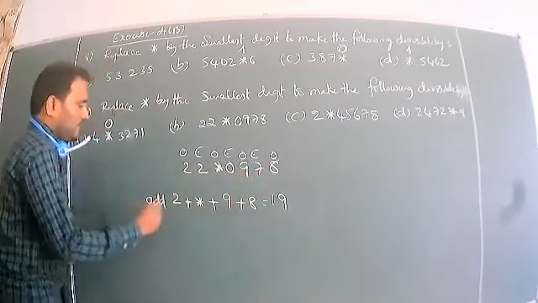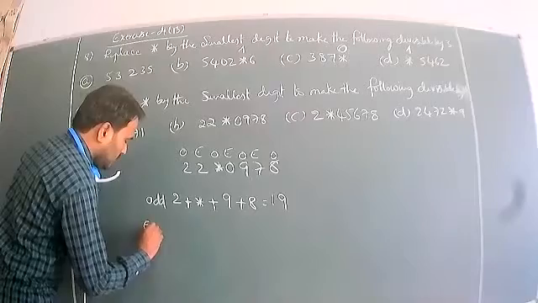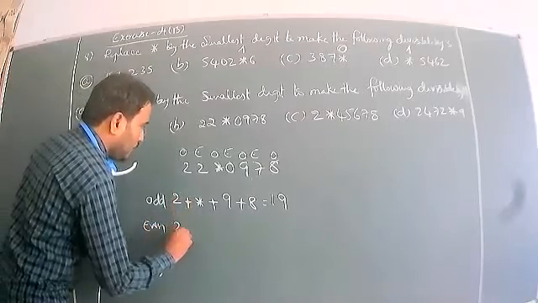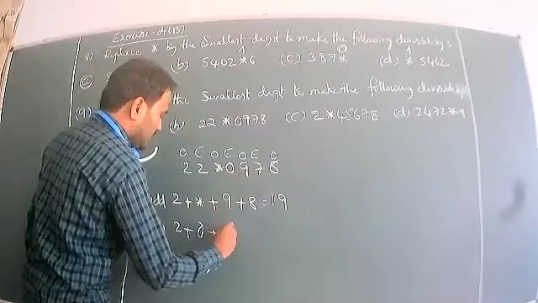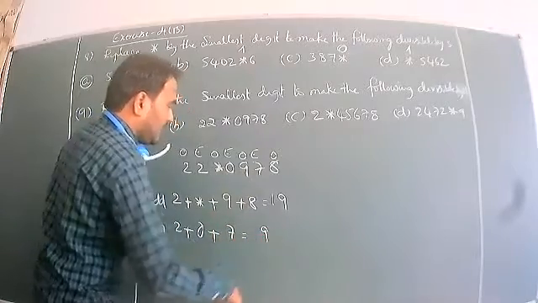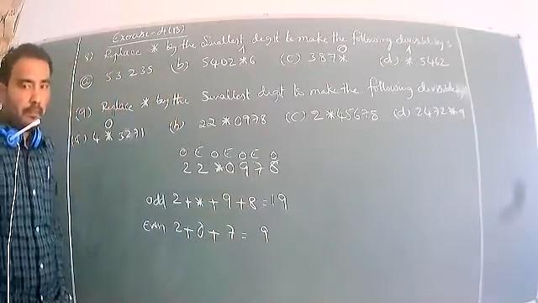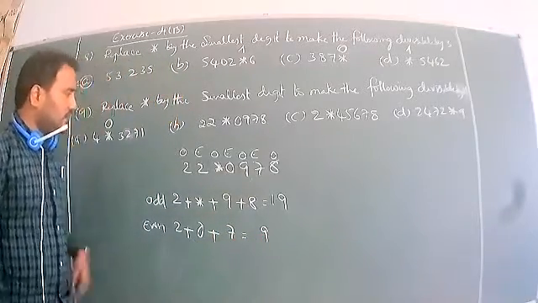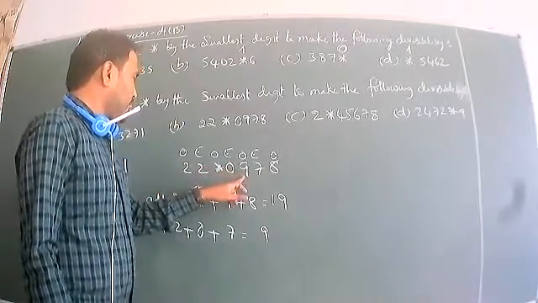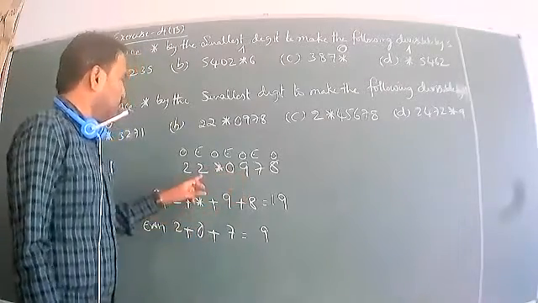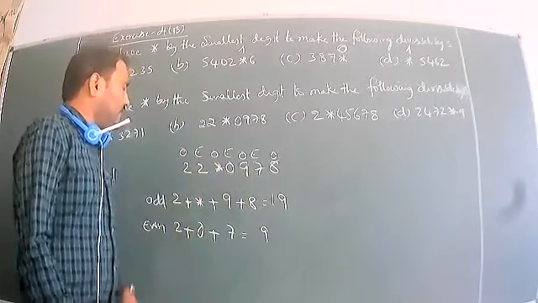Next, the even digits: 2 plus 0 plus 7, it is 9.